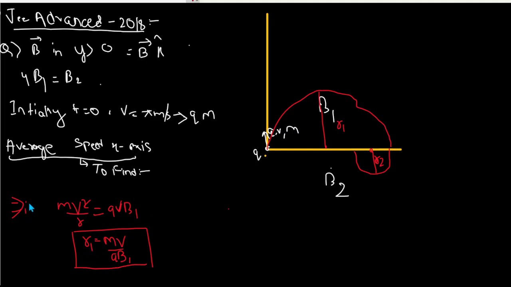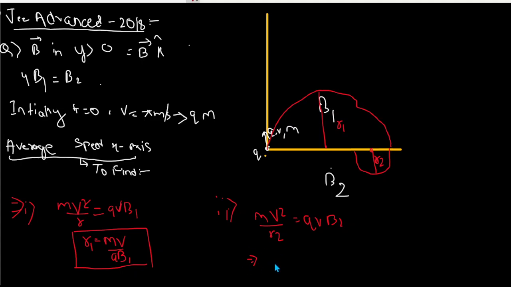Similarly, for the second semicircle, we can find the result. mv square divided by r2 is equal to qvB2. We will put the value of B2 as 4B1, so that we can equate and make further assumptions and calculations.